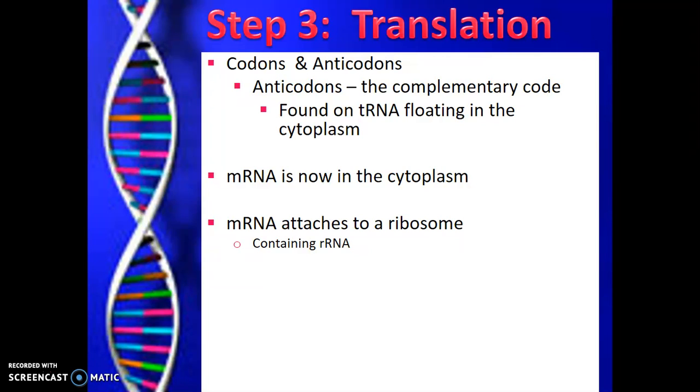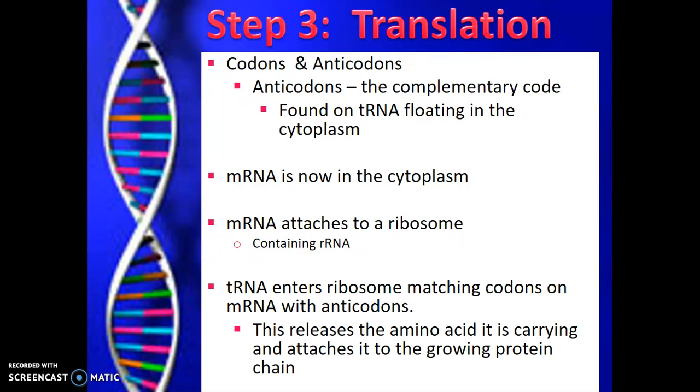Remember, the ribosome is a 2-part sphere, top and bottom. And so it's going to go right into the ribosome. And then the tRNA is going to come into the ribosome. And when the codons and the anticodons match, the tRNA releases an amino acid because that's its job, to transfer amino acids from the cytoplasm to the growing protein.